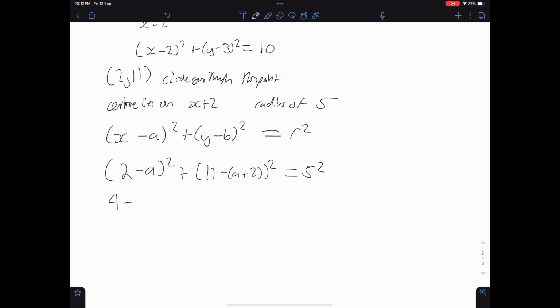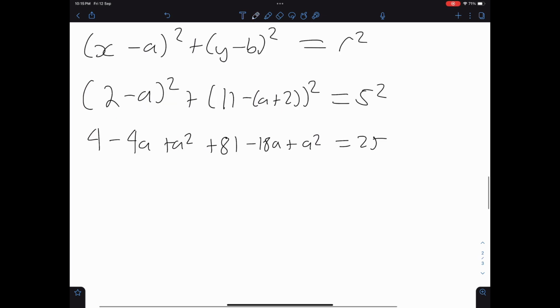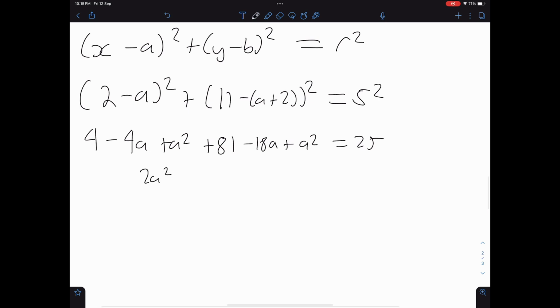So that's 4 minus 4a plus a squared plus 81 minus 18a plus a squared equals 25. So that becomes 2a squared minus 22a plus 60 equals 0, because 4 plus 81 is 85, and then we take away the 25.